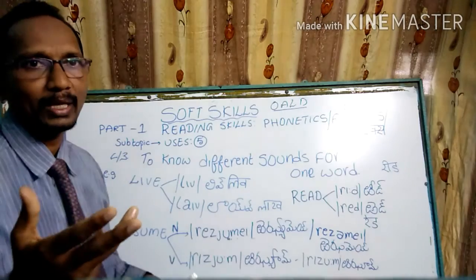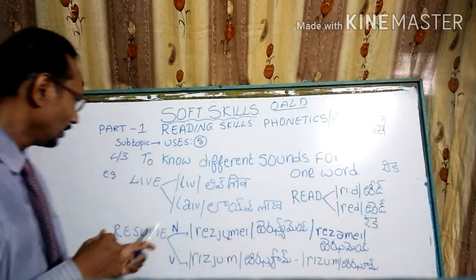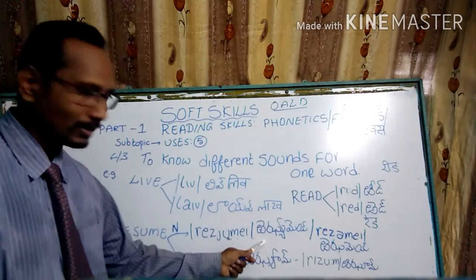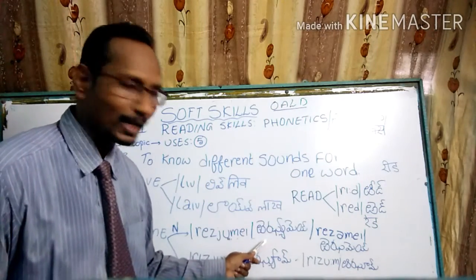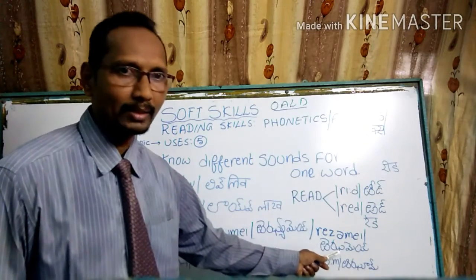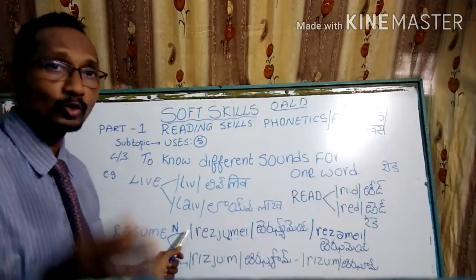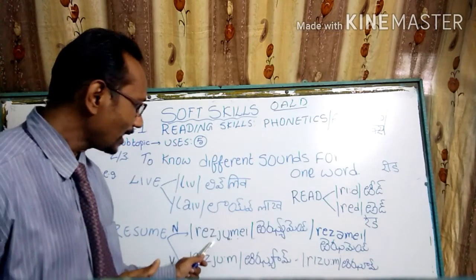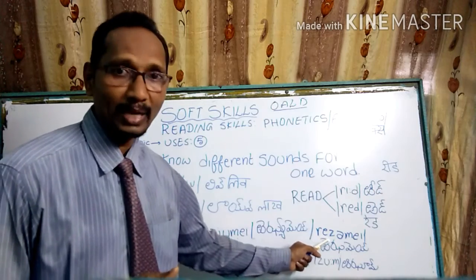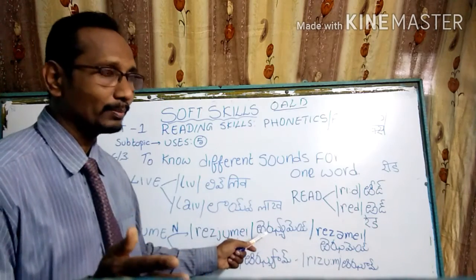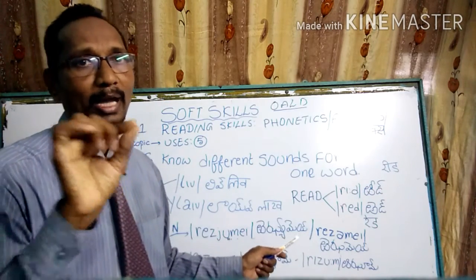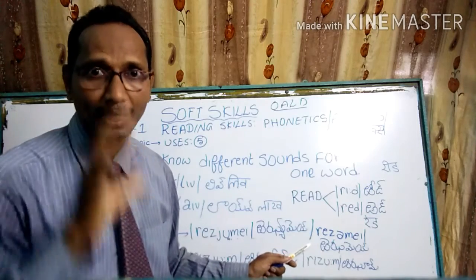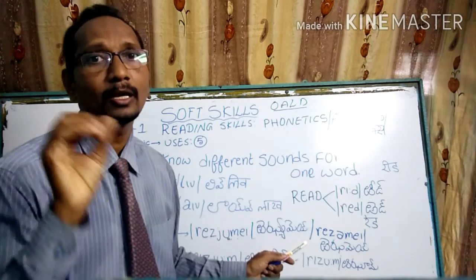That is known as a resume or a resume. So this word in noun form we can pronounce as resume or resume. But the meaning is like a biodata, a life history we create for getting a job.